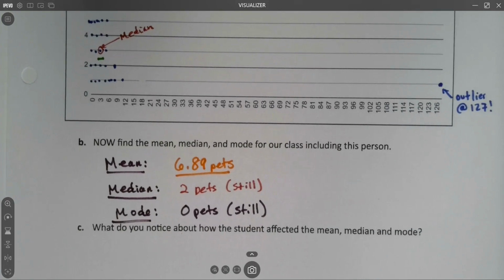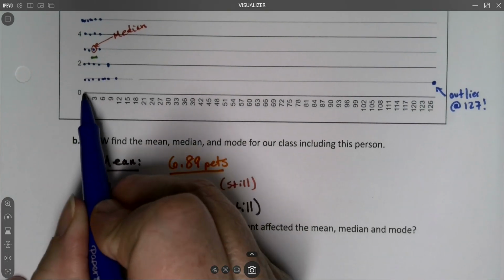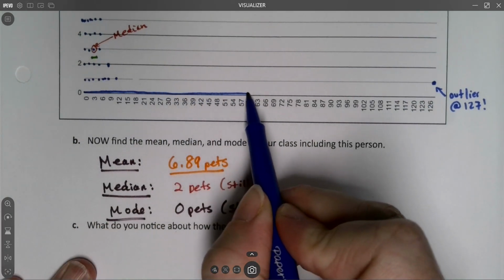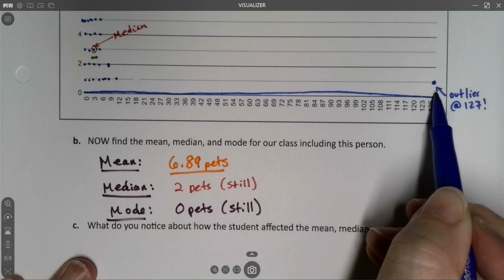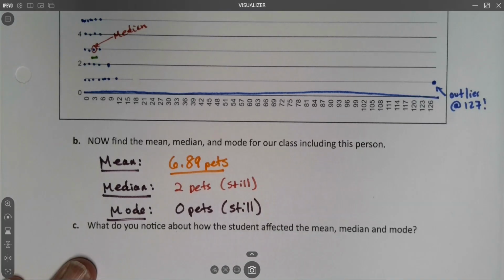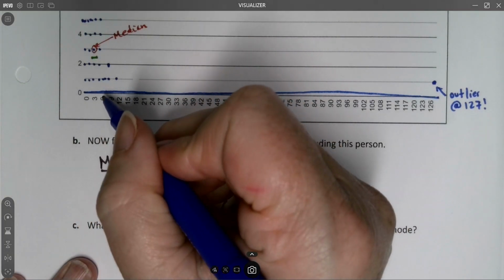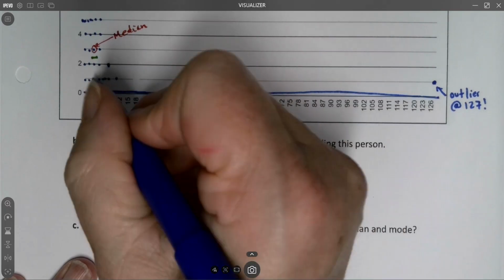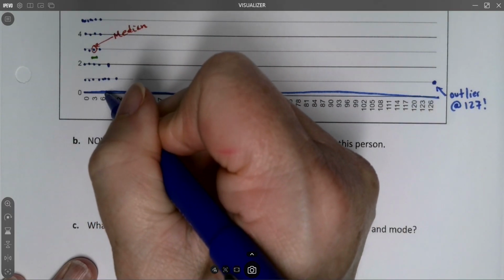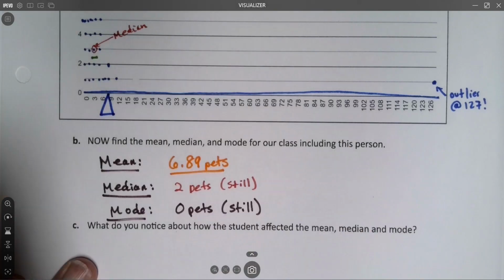What's happening? Because the lever has to extend all the way out here to accommodate this outlier, where we would put the fulcrum went from where it was, 2 point something, to this new value, which is 6.89. It's in here. This now becomes the mean.